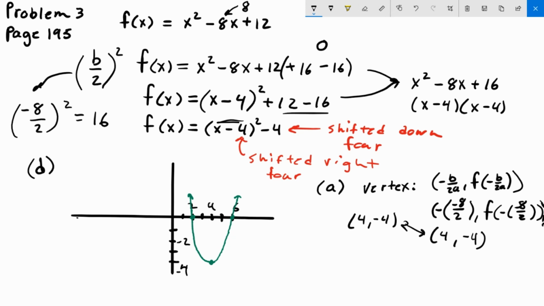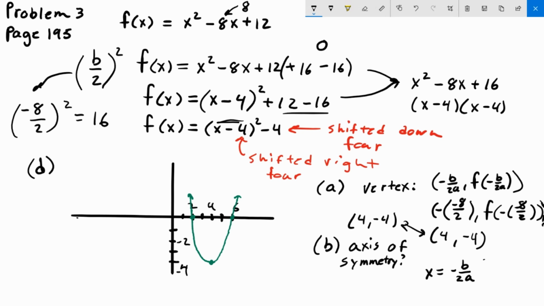They're the same. The next part, B, asks for the vertical line that is the axis of symmetry. What that really is, is the equation x equals negative b over 2a.